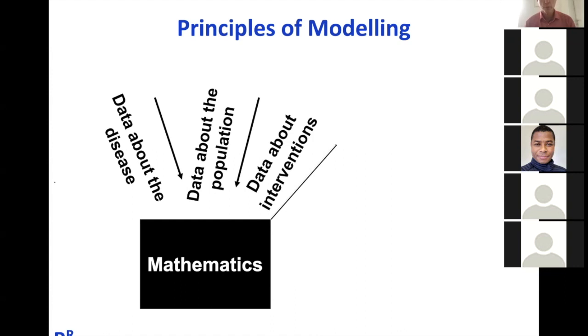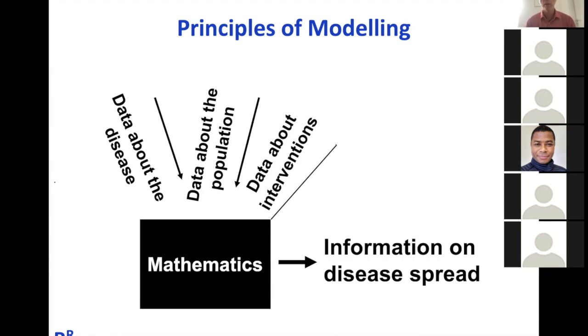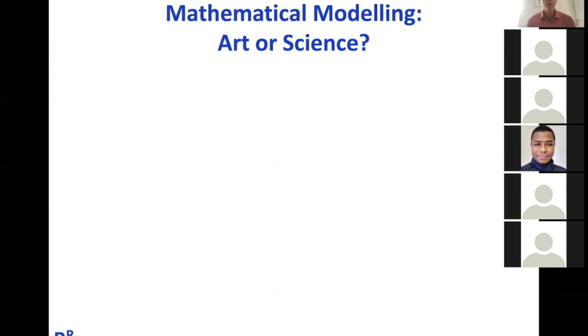A mathematician on his or her own has their limits at this point. So we have to have the right input. And then we steer it a bit around and we get information on disease spread. Then the model can tell us, with all this input, with all the data concerning this specific population, it is most likely that the disease is going to spread or continue as follows. Okay.